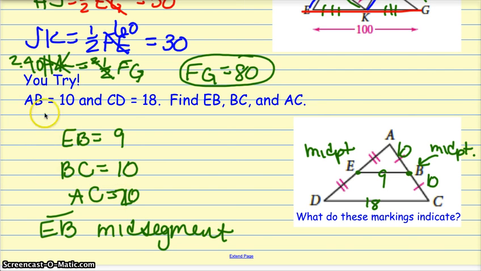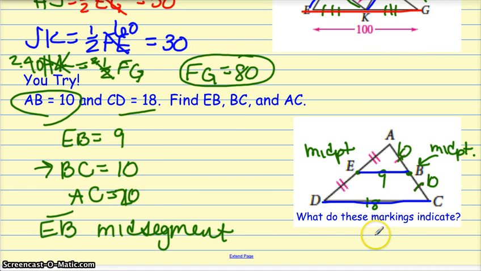Using the given information, it told me that AB was 10, so I marked AB.